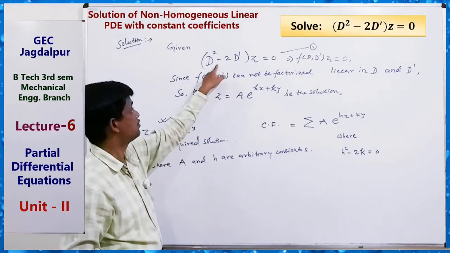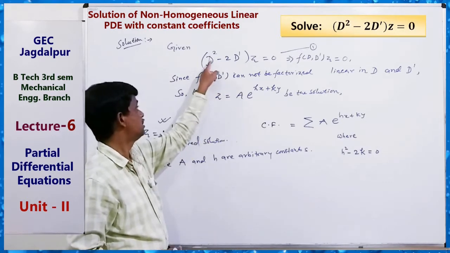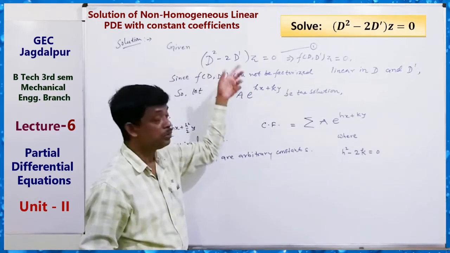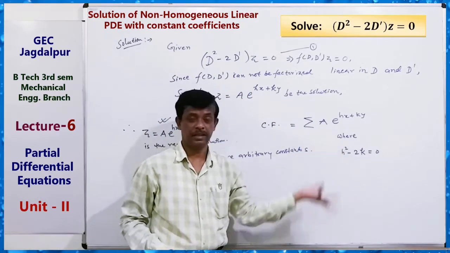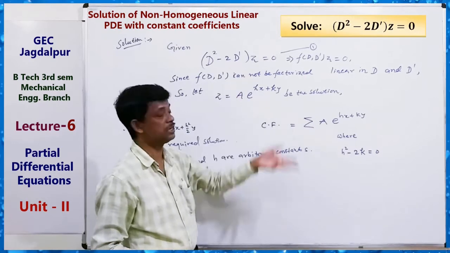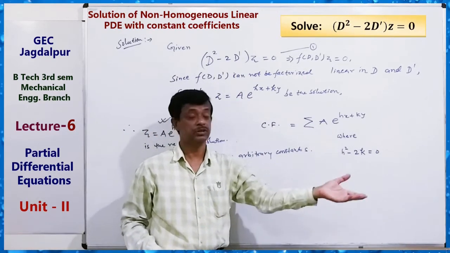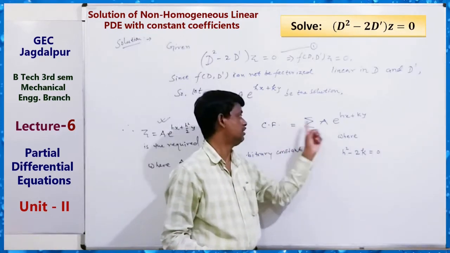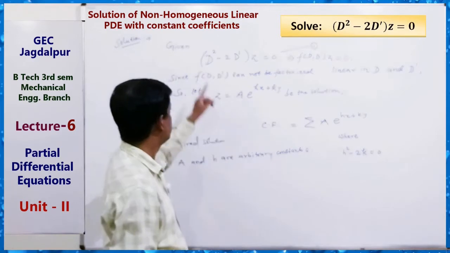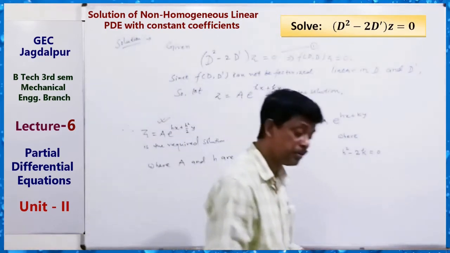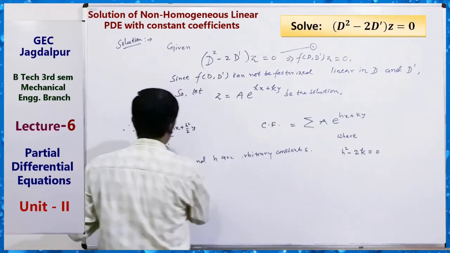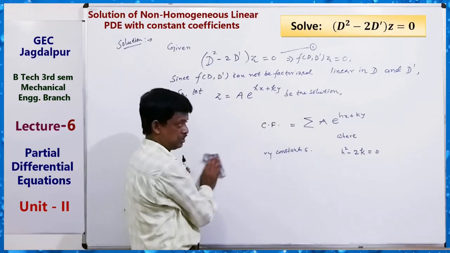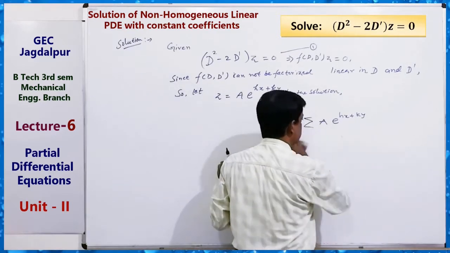You can write from this factor, where in place of D you put h, so h squared minus 2 in place of D dash k, and if there is some constant, then constant equals to 0. By this relation h, k are connected, and this is the CF corresponding to this factor when this factor cannot be factorized as linear in D and D dash. Okay, so this is the solution of this question.